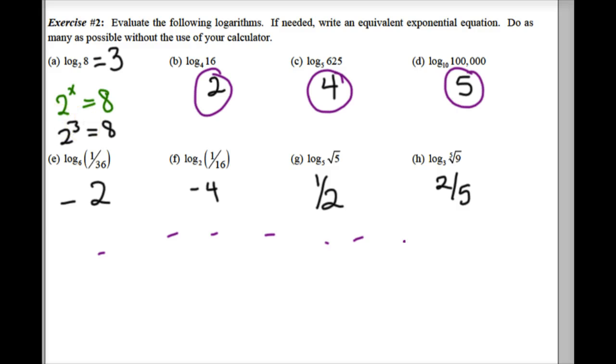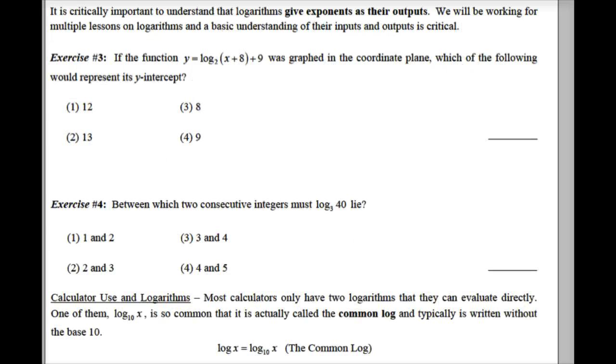Now, it is critically important to understand that a logarithm gives exponents as its outputs. We will be working with multiple lessons on logs and a basic understanding of these inputs. So for example, we said if a function y equals log base 2 of (x plus 8) plus 9 was graphed, which of the following would represent the y-intercept?